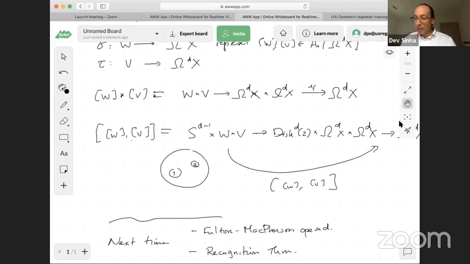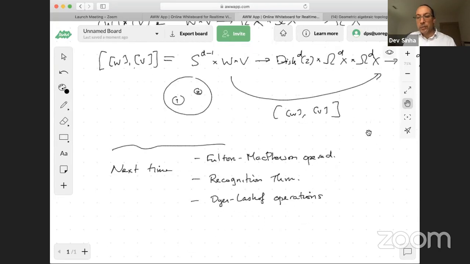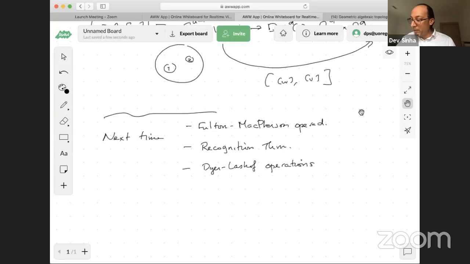And then that will segue into maybe a bit of the homology and cohomology of symmetric groups. Probably a little bit of it, but not very much.